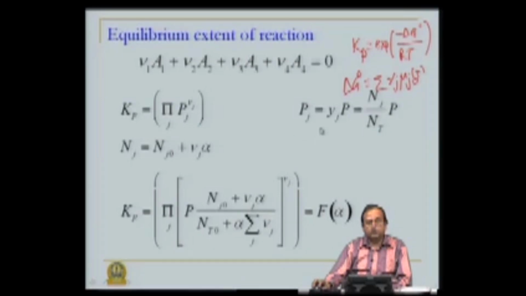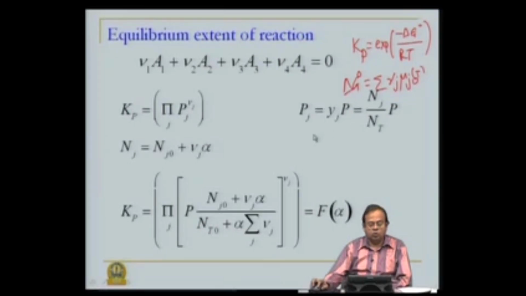But what is partial pressure after all? Partial pressure is nothing but the mole fraction times the total pressure. And what is mole fraction? Mole fraction is the number of moles Nj divided by the total moles in the reacting mixture. So, Yj is nothing but Nj by Nt, and Pj is Nj by Nt times the pressure.